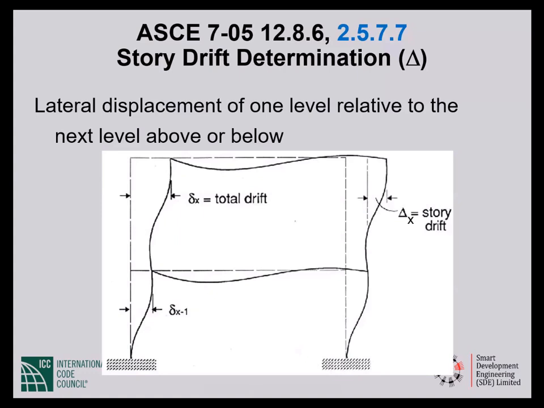Once, when we introduce an importance factor larger than one in the design of higher occupancy category structures, and second time when we do a drift check, the purpose of which is to make sure that non-structural components are not damaged because of too much interstory drift.